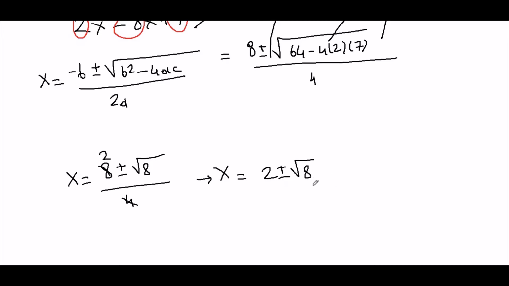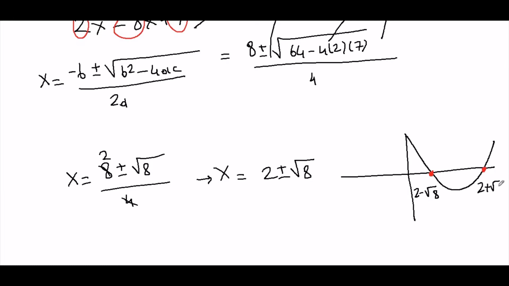Now let's find this value using the calculator. Or you can leave it like that, and when you're graphing, you can apply this. So this point here will be 2 minus the square root of 8, and this point on the right will be 2 plus the square root of 8, and the valid zone will be in between.